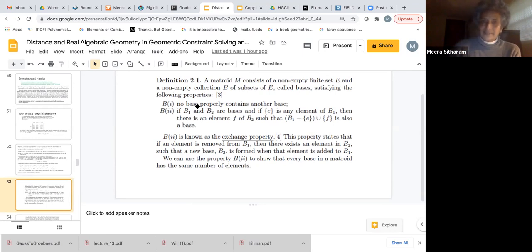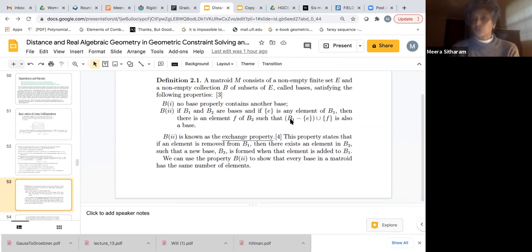With the property that no basis properly contains another base, no maximal independent set properly contains another maximal independent set. And if you have two bases and E is any element of one of them, then you can get another element. Well, it's very similar to the other one. You drop one of the elements from B1.